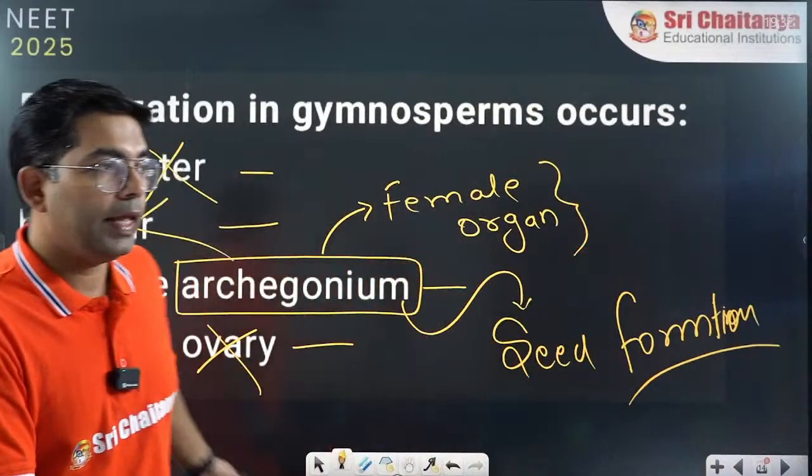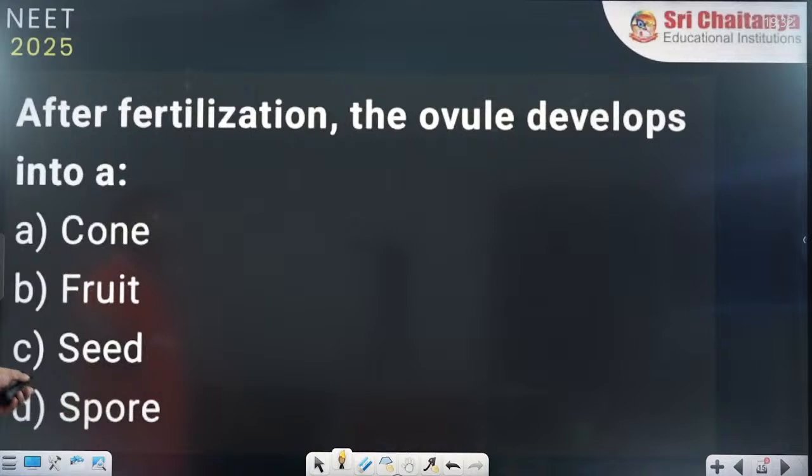Now, let's see. Next question. Get ready. After fertilization, ovule develops into... Is it cone, fruit, seed or spore? Let me see how many of you can answer it.